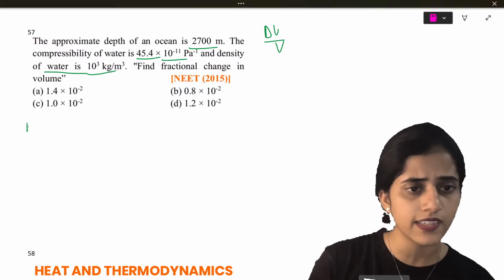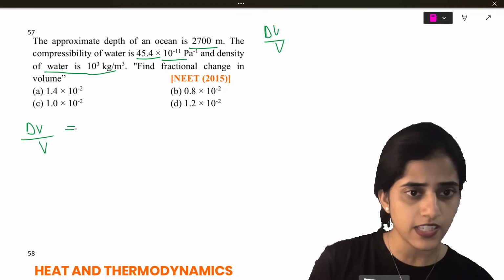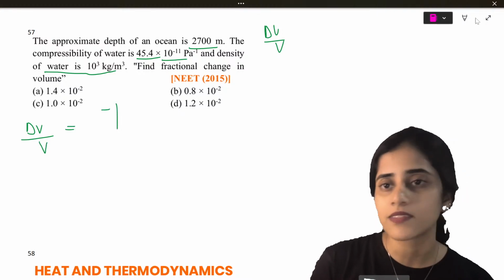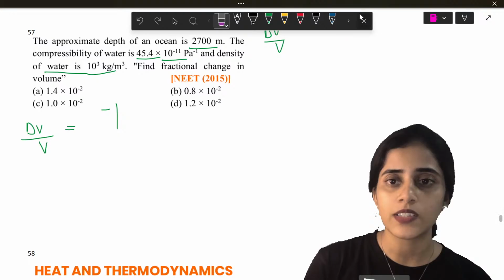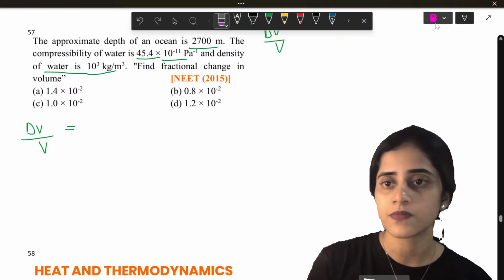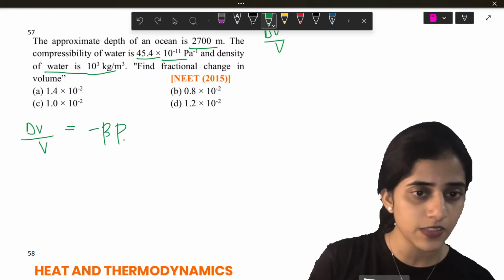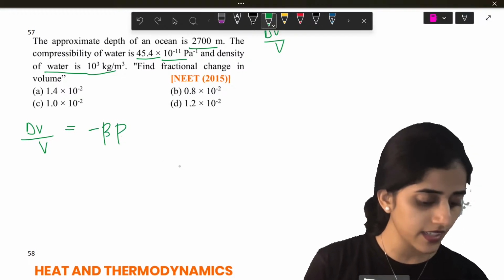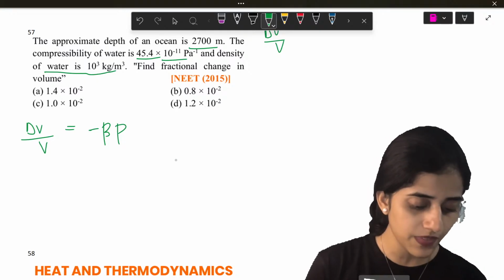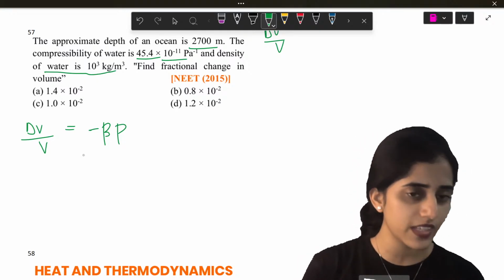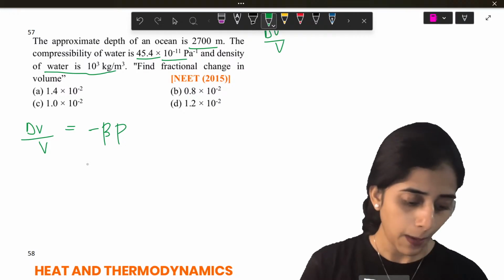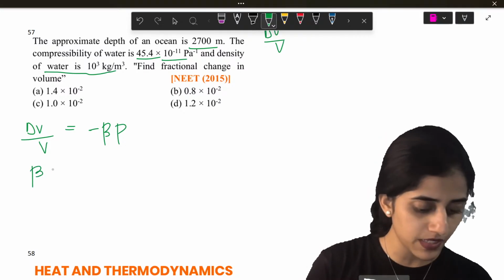So I know that delta V by V is equal to minus beta times P. Okay, beta is the compressibility and P is the pressure. Now what is compressibility?